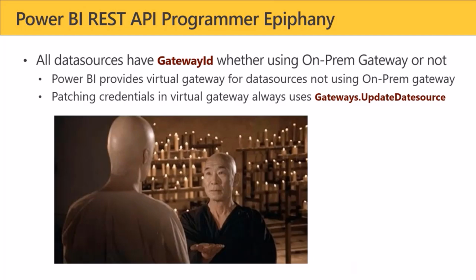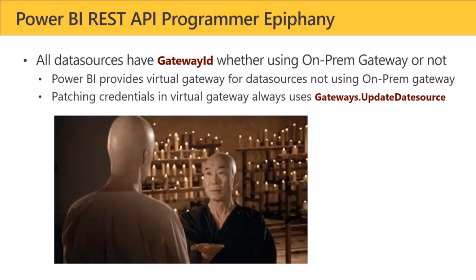So I wanted this slide to be an important learning moment. And that is that all data sources have a gateway ID, even when they're not using the on-premises gateway. And that's just an amazing source of confusion, and online questions and support tickets.